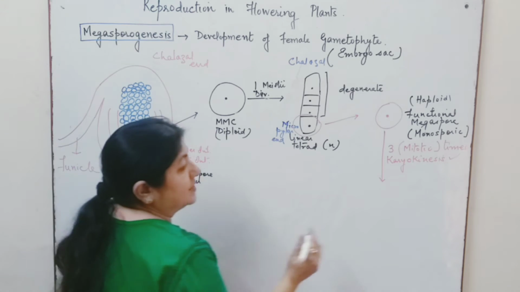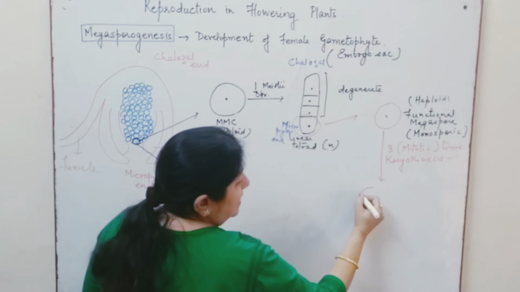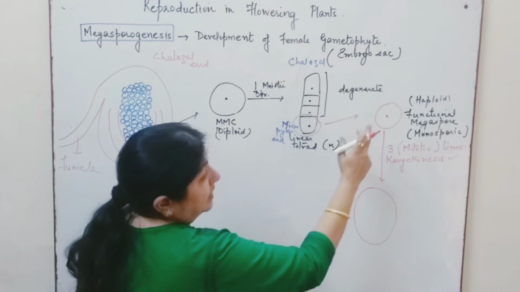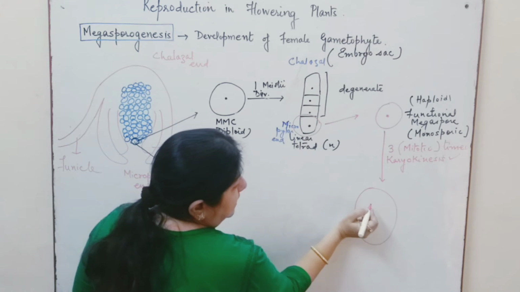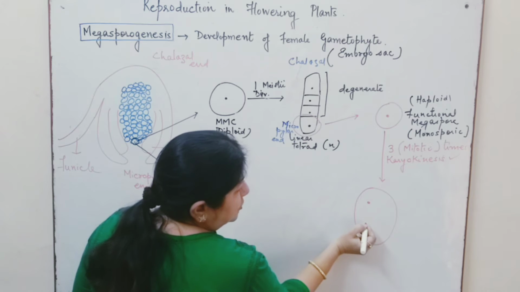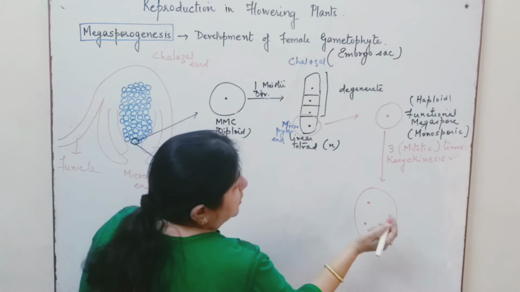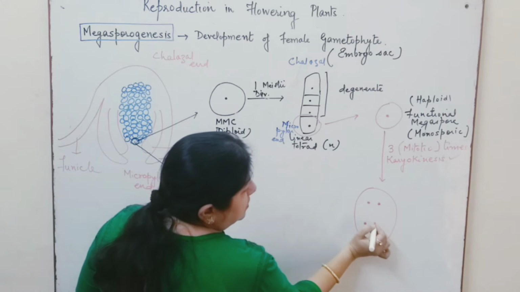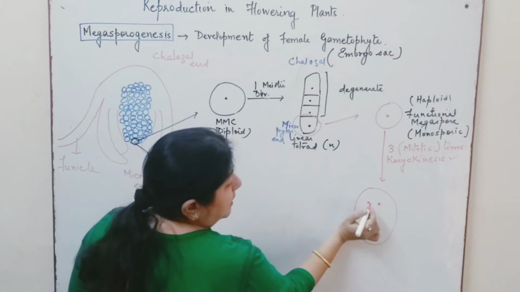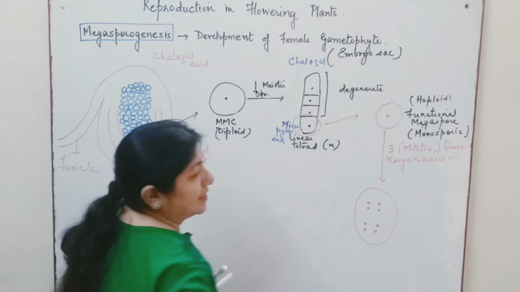As a result, it will grow bigger in size and form nuclei. The first mitotic division gives 2 nuclei, the second gives 4, and the third mitotic division gives 8.